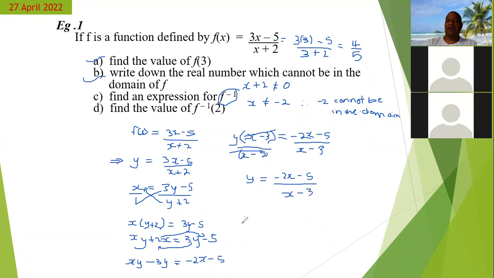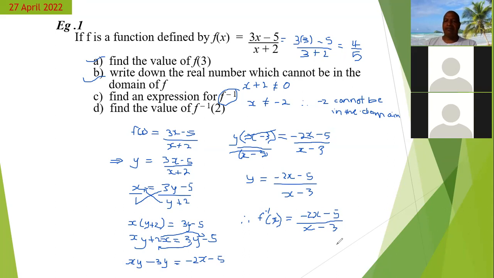So therefore, f inverse of x would be equal to minus 2x minus 5 over x minus 3. All right, everybody is good with that?